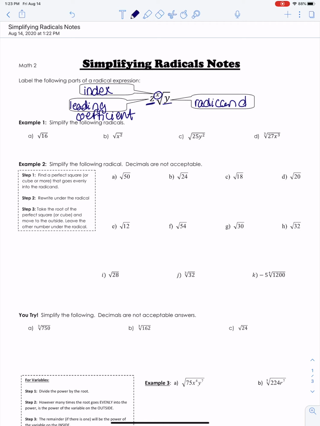Now, it is very, very beneficial for you to know what your perfect squares are. That will help you do this a lot faster, especially when you get down to example 2 and so on.